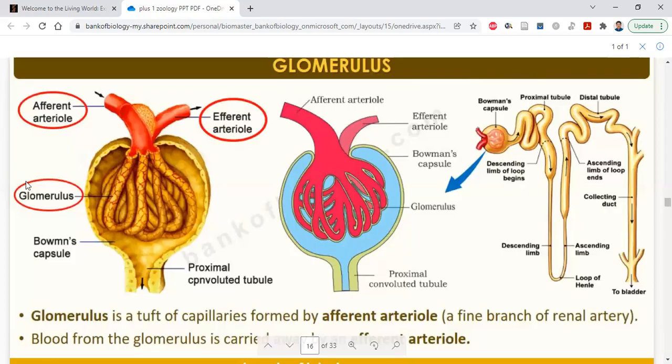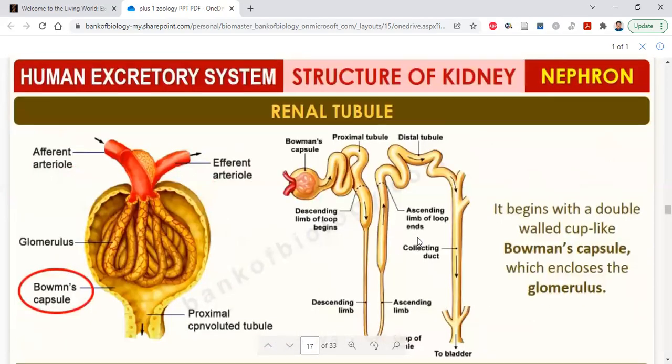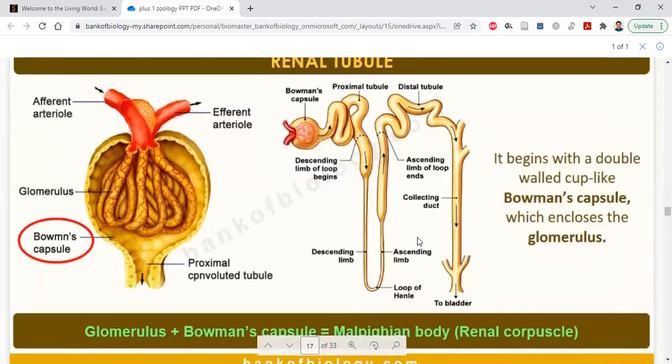And this is called the Bowman's capsule. This glomerulus is encapsulated, and it is called the Bowman's capsule.